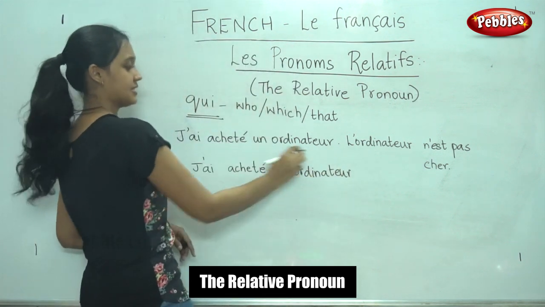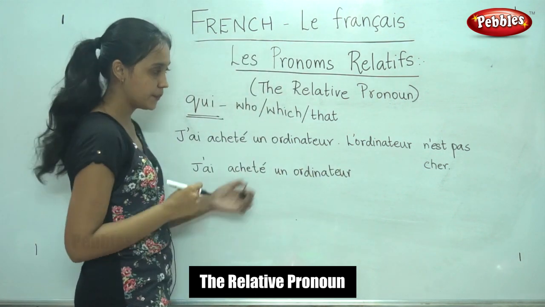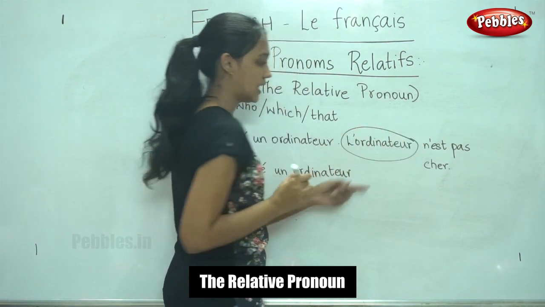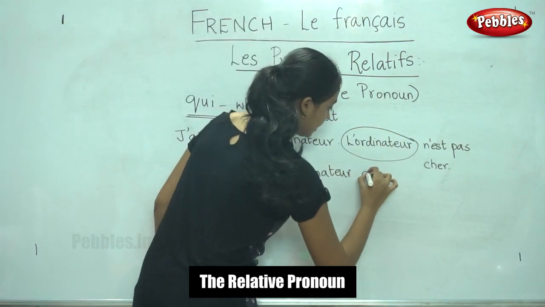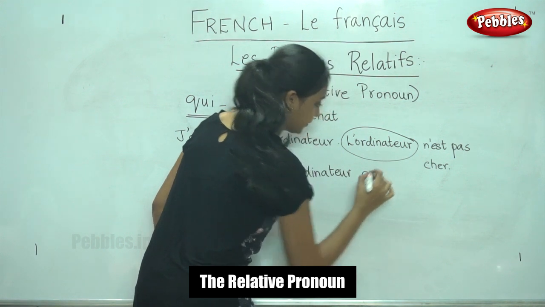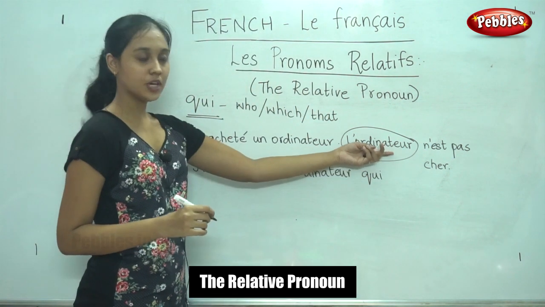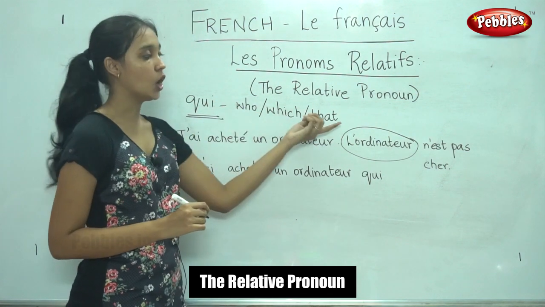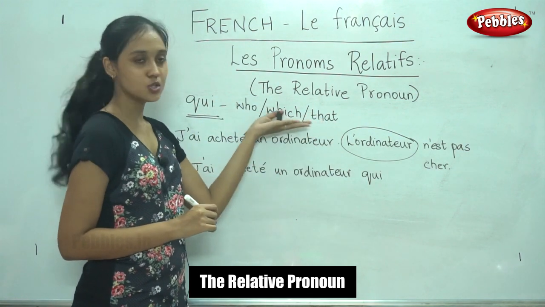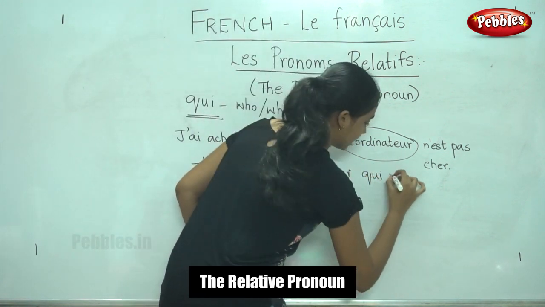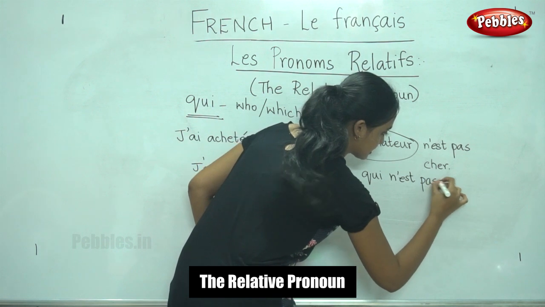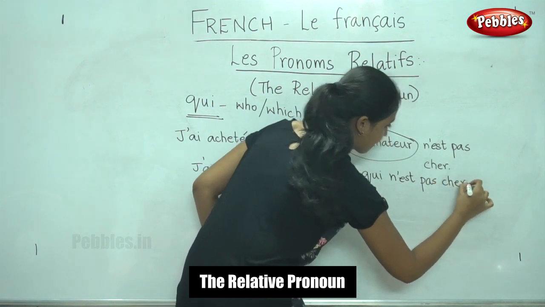So the first sentence remains the same. In the second sentence, we replace this word with qui. Instead of the same word, we write qui. Qui means which or who or that. In this case, it is which or that. Qui, and the remaining sentence we write as it is.